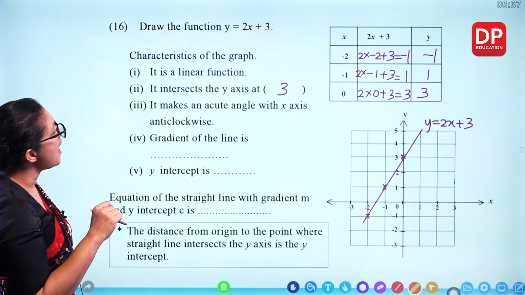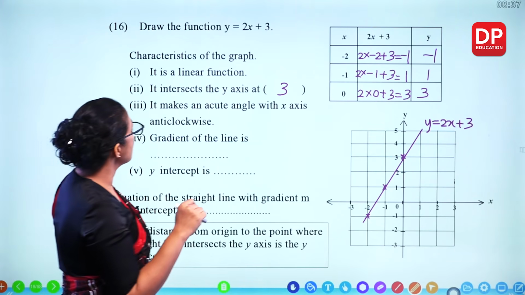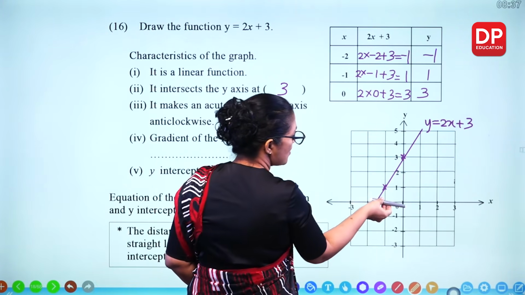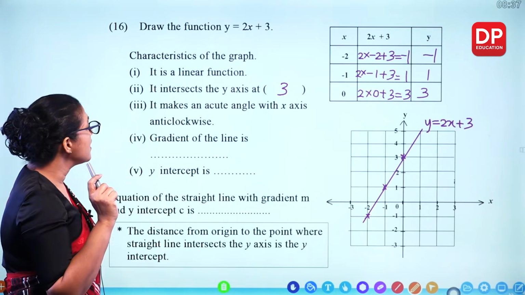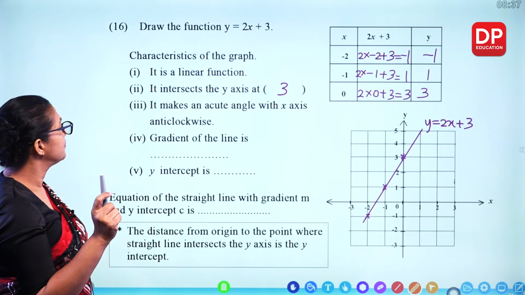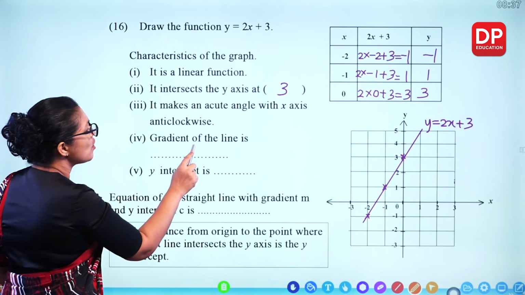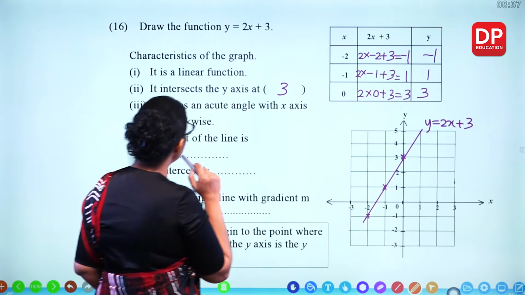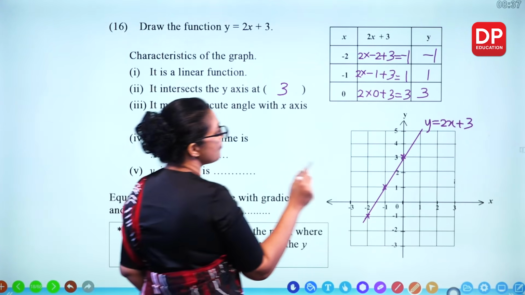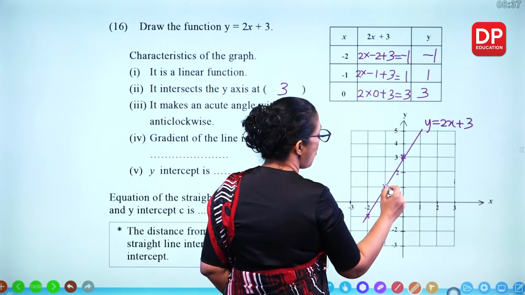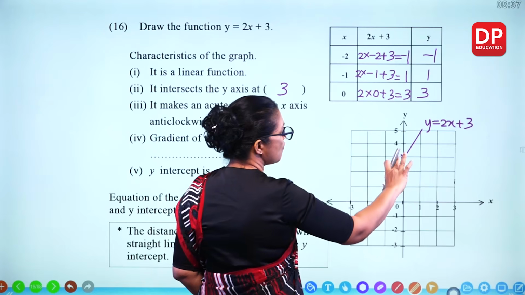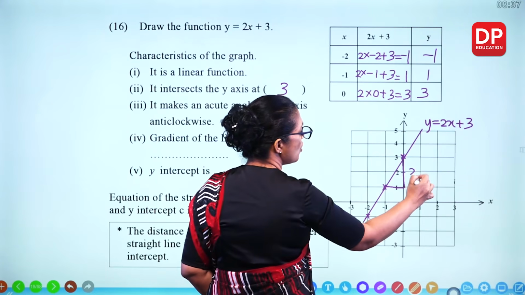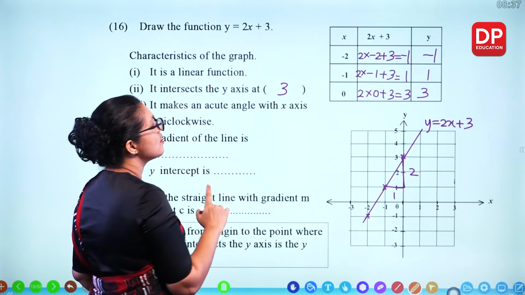It makes an acute angle with the x-axis anti-clockwise. Gradient of the line is, what's the gradient? Gradient is the y coordinate divided by the x coordinate for any point. This is 2, this is 1. So that's 2.